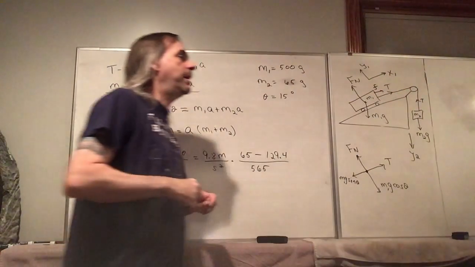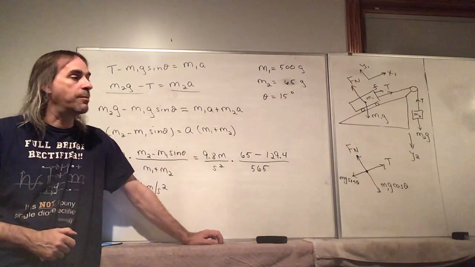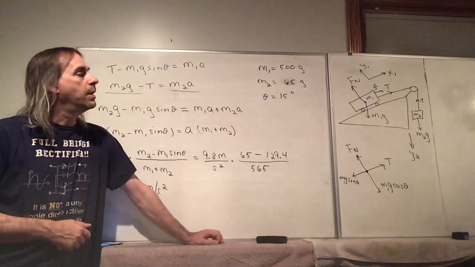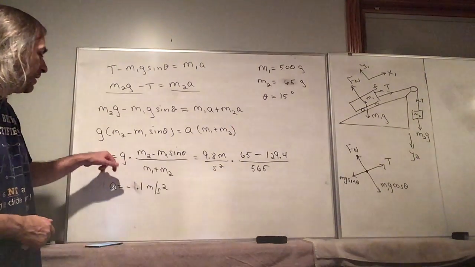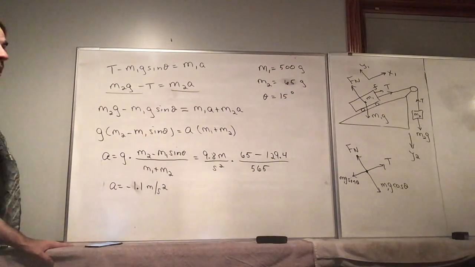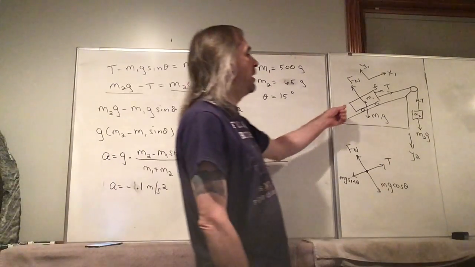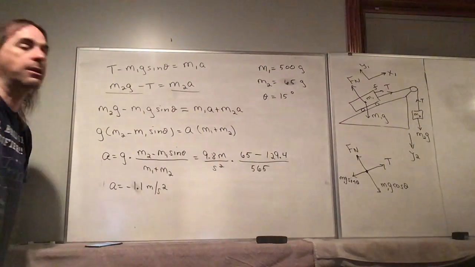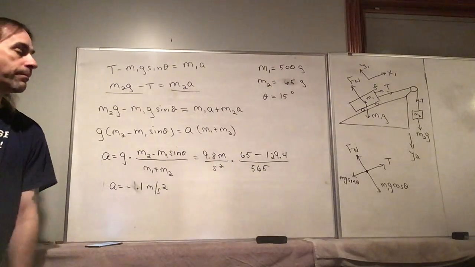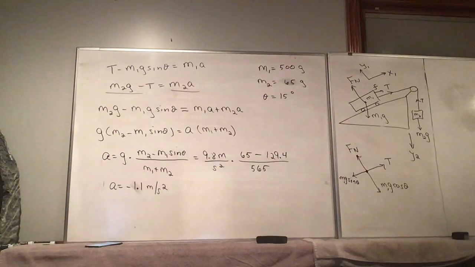You have to know what way the masses are going to move before you can determine which direction friction is. So once we found out that this coordinate system was kind of backwards, we just went with it because we're ignoring friction. But if friction was a factor, then we would have to change our coordinate system around. Would probably be the best way to do it. Okay, but we know that the acceleration is 1.1 meter per second squared down the incline. So we solved that part.